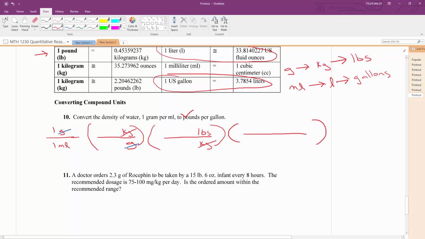So to go from milliliters to liters, right, I'm going to want milliliters on the top, so that the milliliters on the bottom cancels out with the one on the top, right? We always want an opposite. So then if I want to go from milliliters to liters, I'm going to need liters here. And then lastly, I'm going to want liters to cancel. So I have one on the bottom already, so I need one on the top. And then on the bottom, I'm going to want gallons.